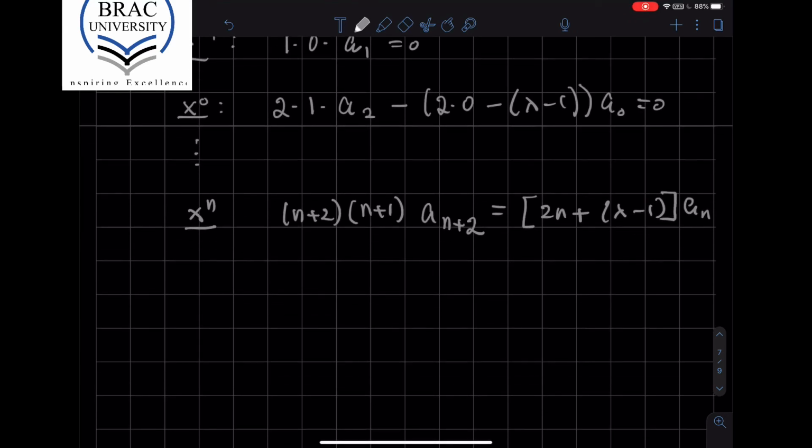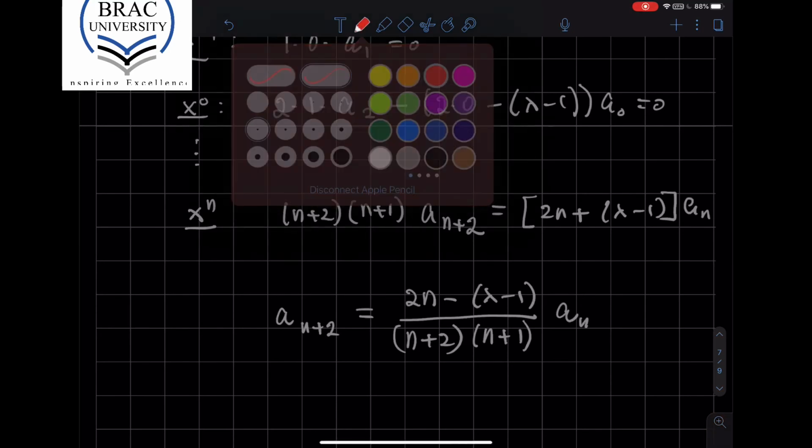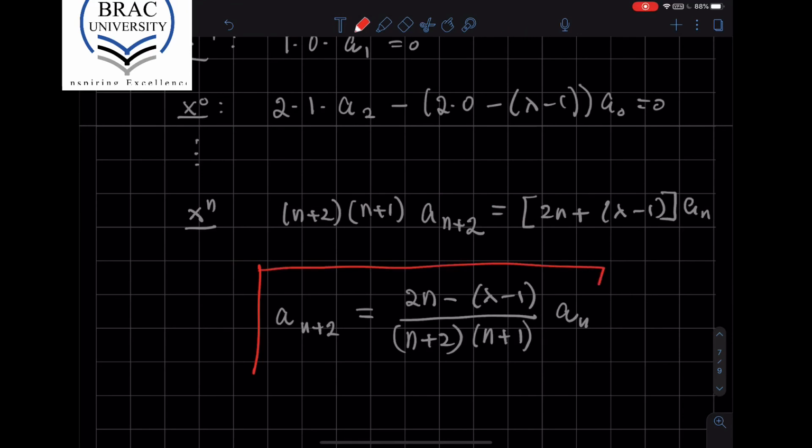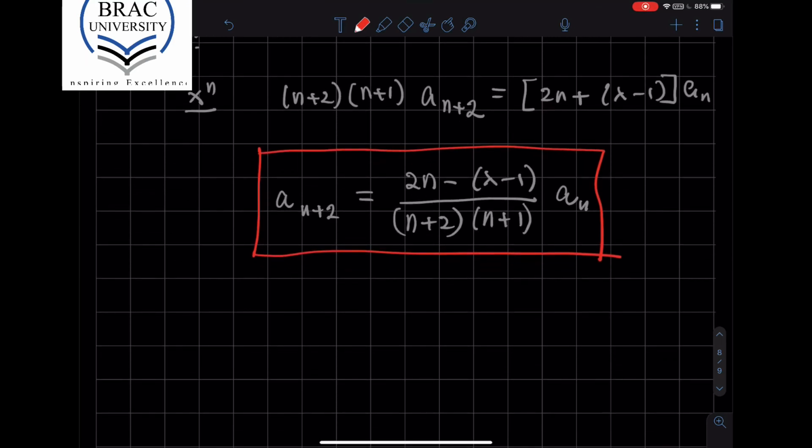So we can rewrite this recursion relationship as a_(n+2) equals 2n minus lambda minus 1, over n plus 2 times n plus 1, times a_n. This is the recursion relationship which solves our differential equation. So we get two solutions for two choices of a_0 and a_1.